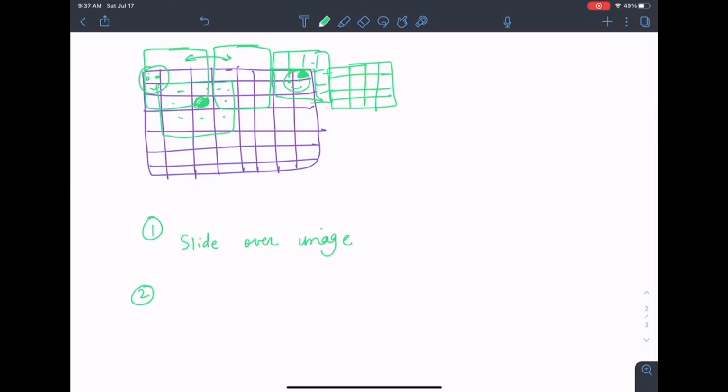You might want to look at it at a less granular level. Instead of sliding pixel by pixel, you want to slide by groups of pixels. Which might also tie in with analyzing high resolution versus low resolution images, because low resolution images might not need you to, yeah, that's what I want to say.